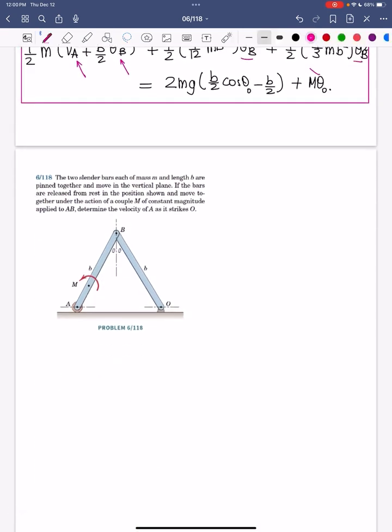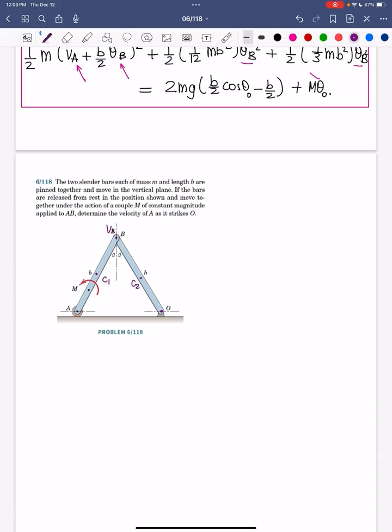So maybe what we can do is, through the velocity analysis from B to O, then from B to C, we can find the velocity of the center of mass C1 without using the velocity of A. So this is, sorry, C2.